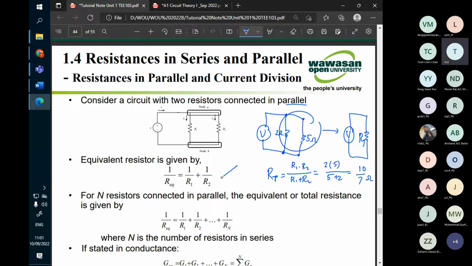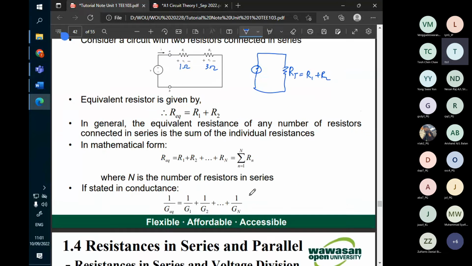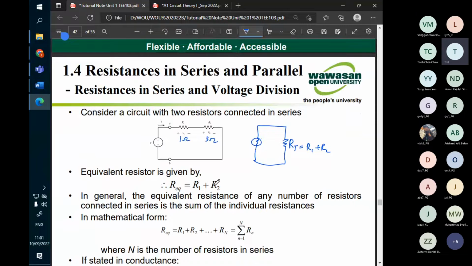You can go through the conventional way, 1 over RT equals 1 over R1 plus 1 over R2, but eventually you'll come to the same answer. Of course, for the series, we can just add them up without any reciprocal value. We can just sum all the individual resistances, right? We can find the total here. They call it REQ.